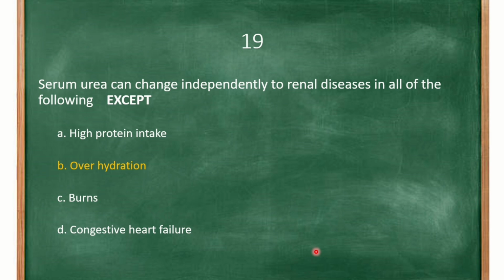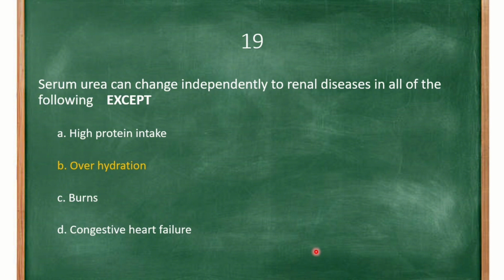Then if you look at option B, overhydration typically dilutes serum urea levels rather than elevating them. When there is excess fluid intake, the concentration of urea in the blood decreases because of the increase in the volume of fluid that dilutes it. So that will be our answer.